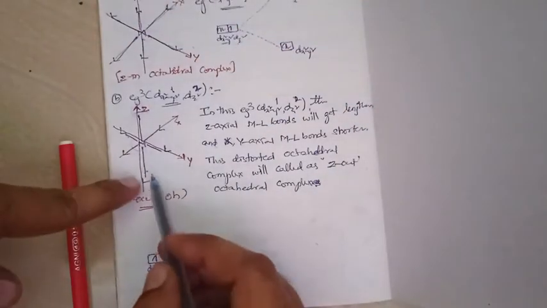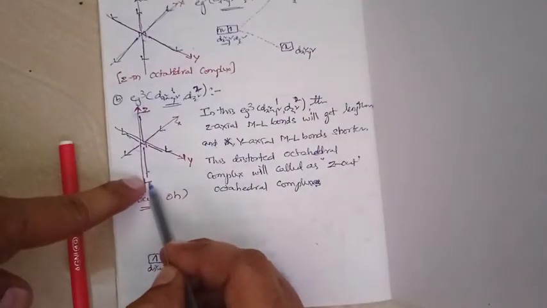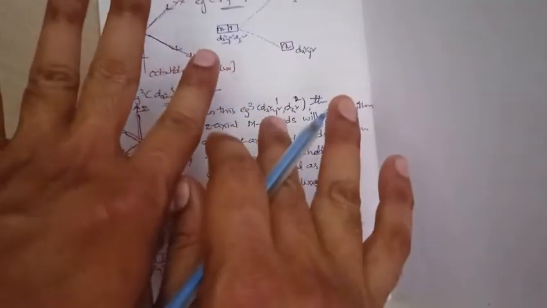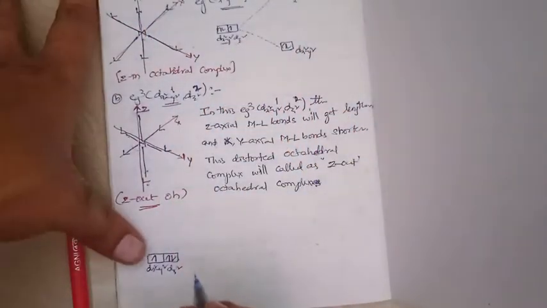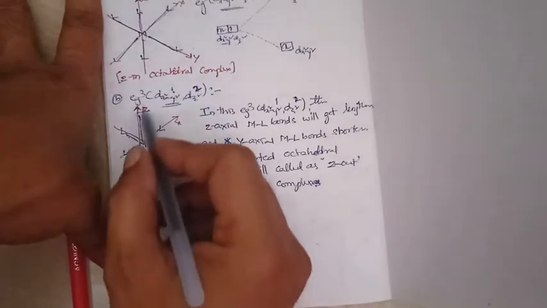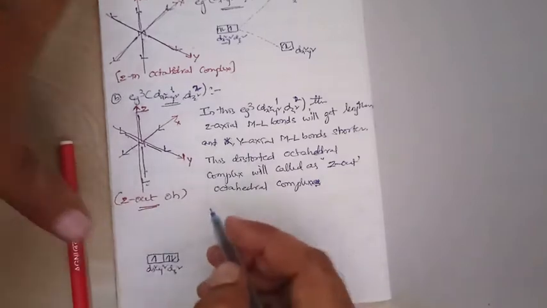Being far away from the negative charge of the ligand, the repulsion between the ligand's negative charge and the dz square electrons will be very less, with almost no interaction taking place.